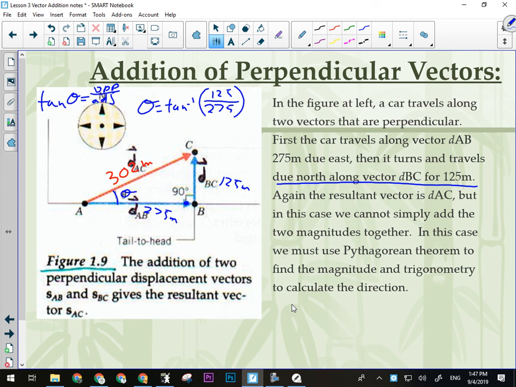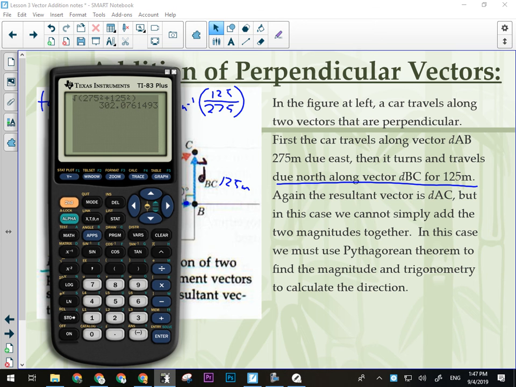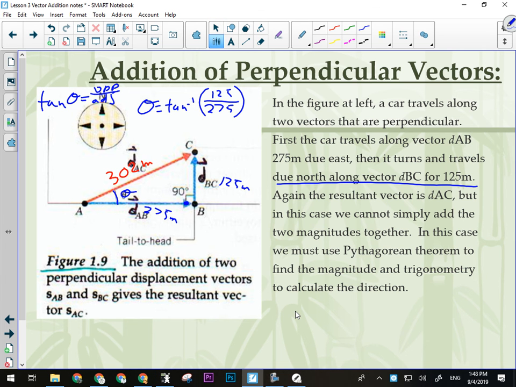Okay. All right, so I'm getting that the direction is 24 degrees. Which way? North of east.